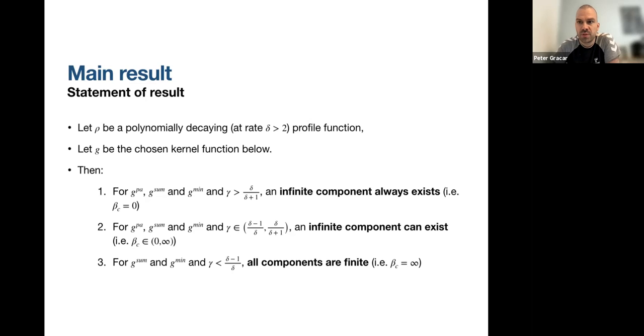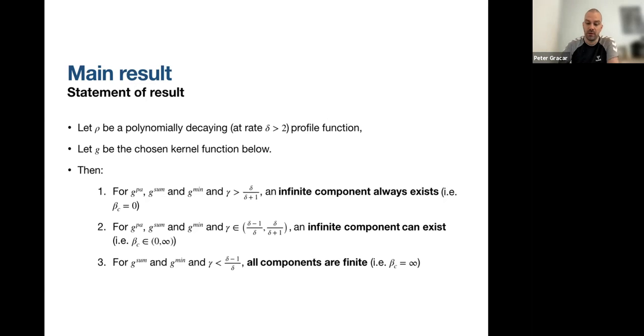Meaning, even if there's almost 0 activity in the model, we still end up with an infinite component. That's the first situation. On the other end of the spectrum, we have the situation when, regardless of what the activity is, we never have an infinite component. And then there's the middle case where an infinite component can exist, but there needs to be sufficiently high activity for that to happen.